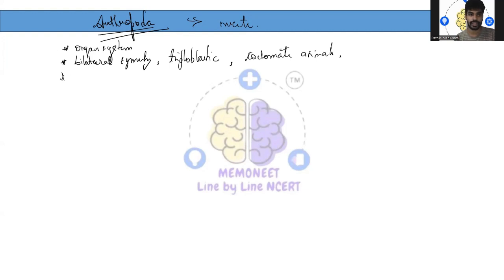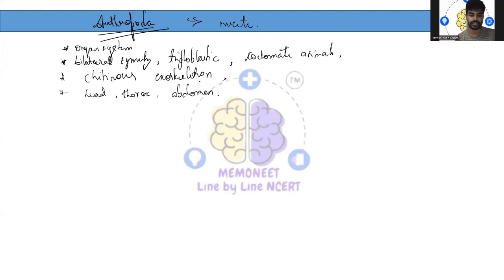The body of Arthropoda is covered by a chitinous exoskeleton. The body consists of head, thorax and abdomen.